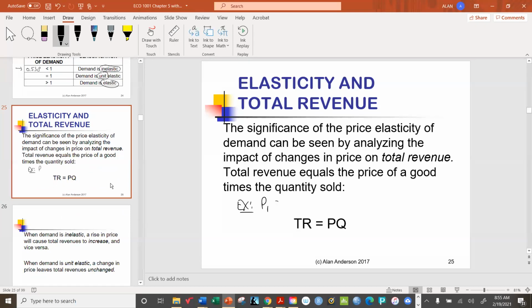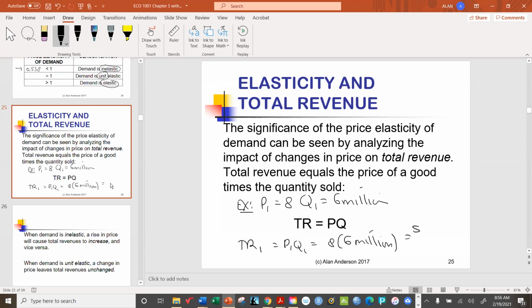So the price was 8. The quantity was 6 million, that is. So the total revenue in that case, we'll call it TR1, is P1 times Q1, which is 8 times 6 million, which means that they're bringing in $48 million in revenues.